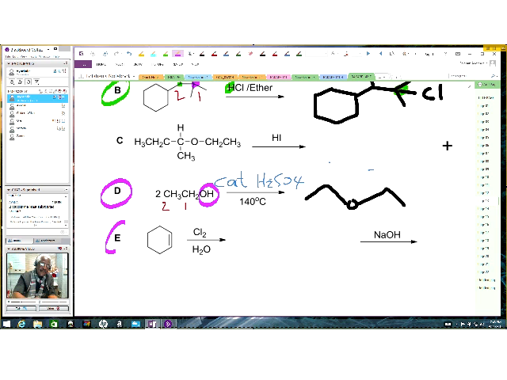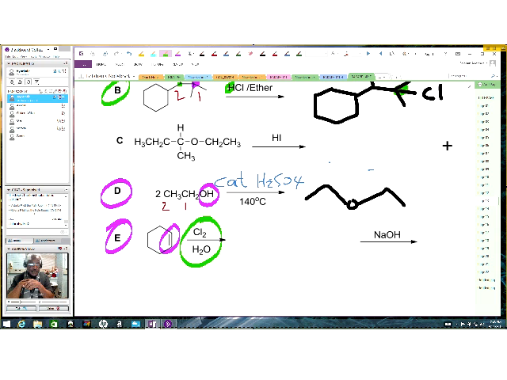We have a carbon-carbon double bond, and then we have this reagent, chlorine in the presence of water, chlorine water. Okay, what do you think is going to happen here? A carbon-carbon double bond and chlorine water. Chlorohydrin, excellent, excellent. You are going to get a chlorohydrin.